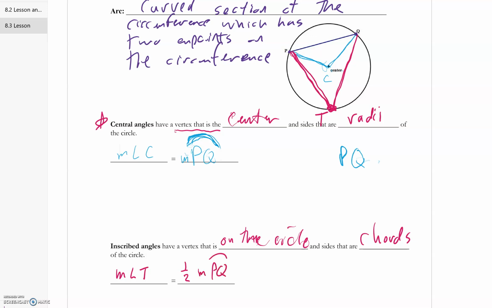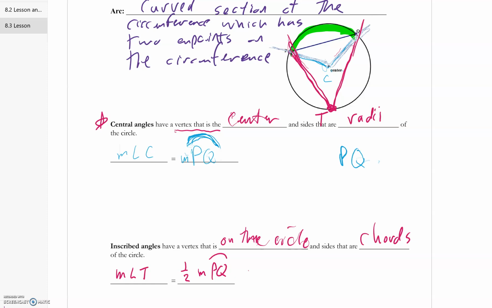The measure of the inscribed angle is half of its intercepted arc. We call this the intercepted arc, which is what I just highlighted. That arc has been intercepted by both this central angle and by this inscribed angle.